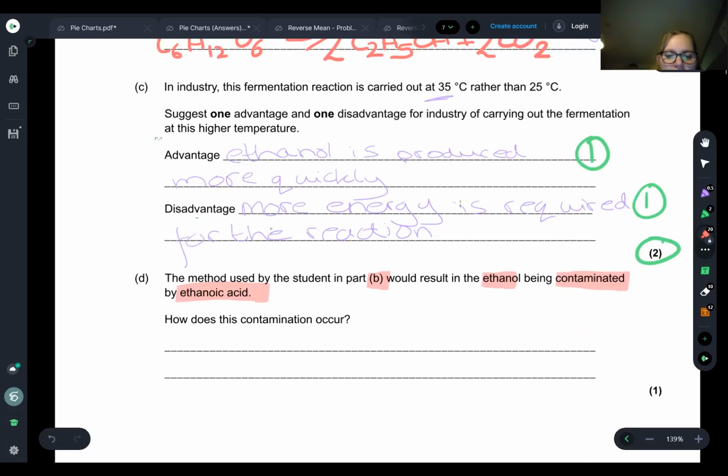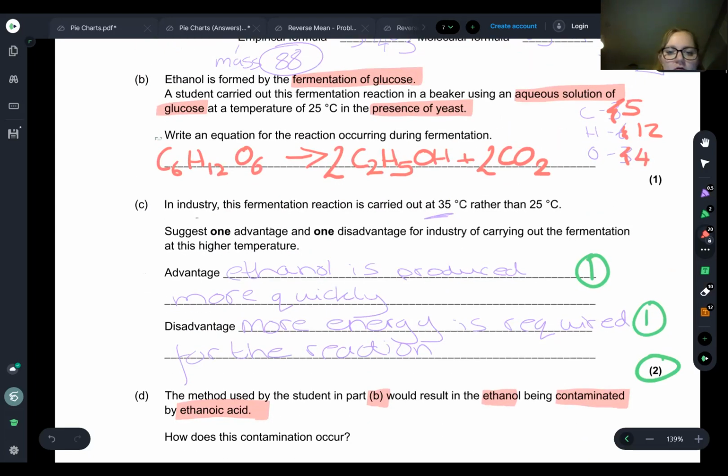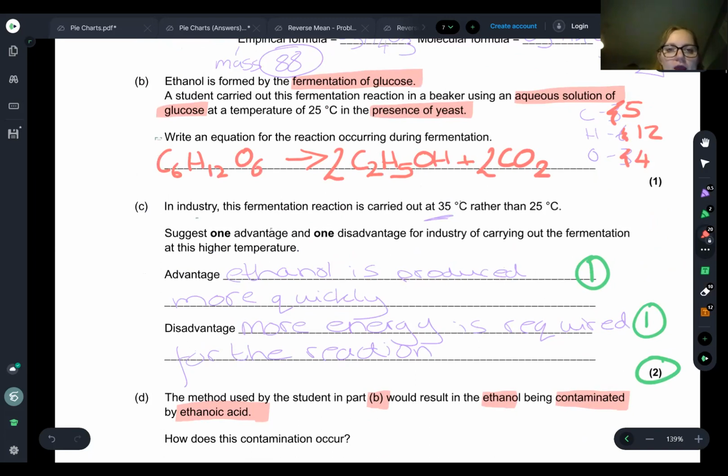So how does this contamination occur? Well, how did they do it? If we think about alcohols, alcohols can get oxidized into forming a carboxylic acid. Ethanoic acid is a carboxylic acid.